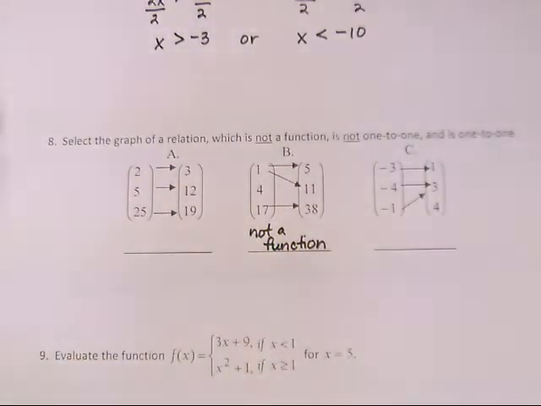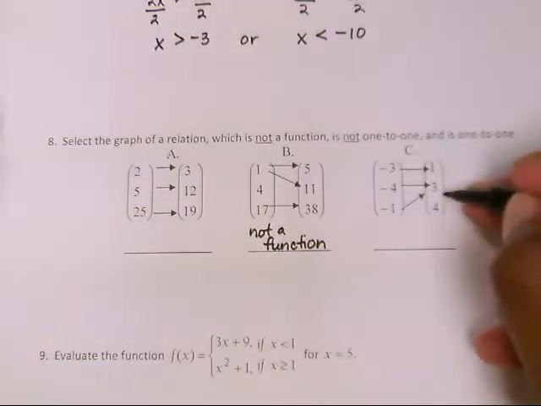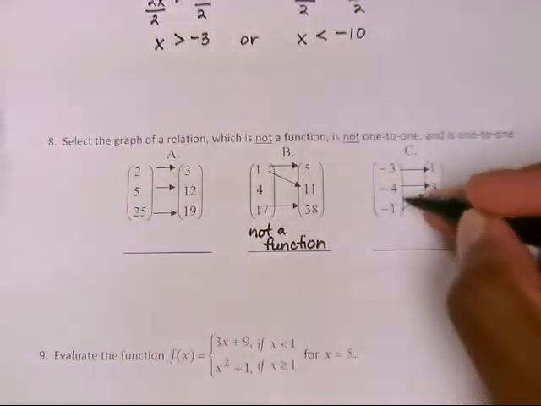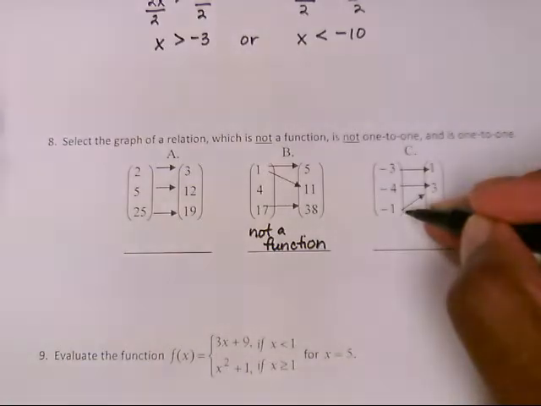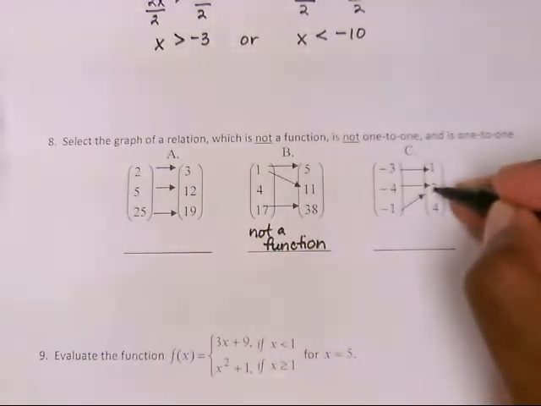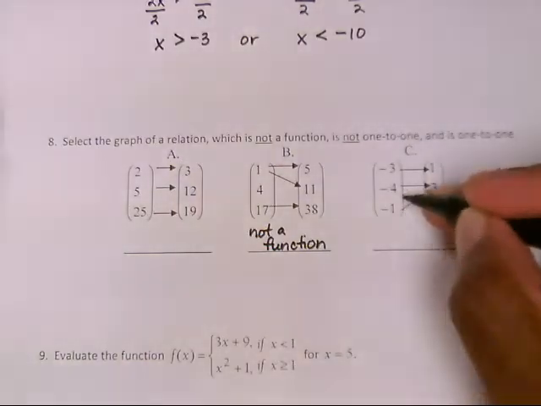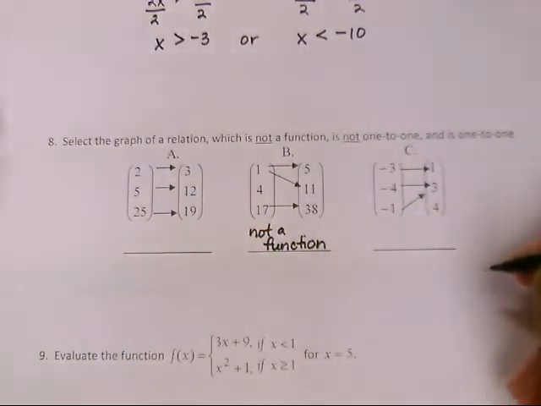Okay. Now we got to find out which one is not one-to-one. Not one-to-one means this: you can't have a y value with two different x values. That means not one-to-one. In this case here, that 3 has two different x values, negative 4 and negative 1.